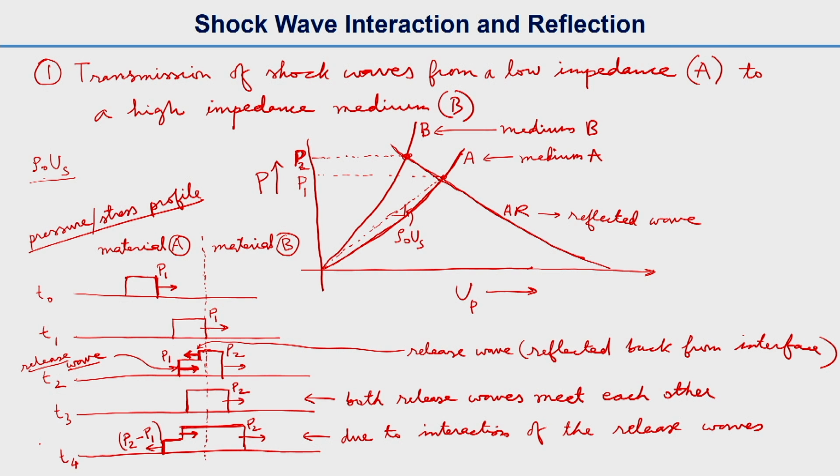If you see the interface at this point, we can show that continuity of pressure at the interface. That means the pressure will be P2 on both sides of the interface. So that continuity will be maintained.